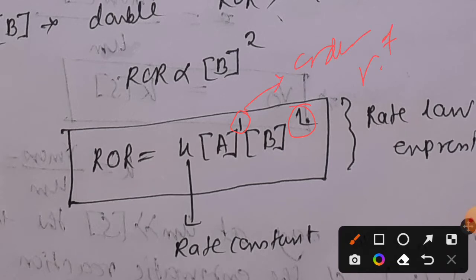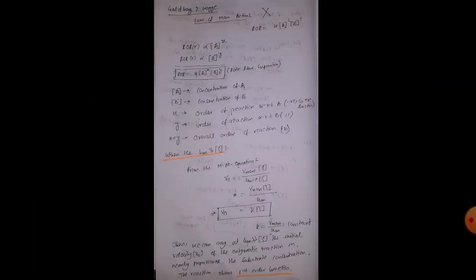That is my intention in talking about this. So here 1 is the order of the reaction with respect to the concentration of A. Similarly, 2 is the order of the reaction with respect to the concentration of B.